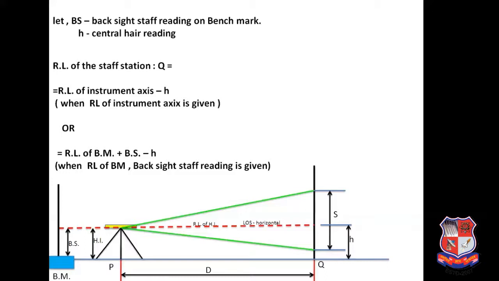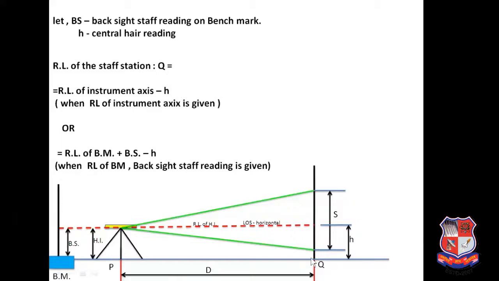So the RL of Q is given by the RL of the instrument axis, means this red dotted line. When the RL of this is given, the equation will become: RL of Q is equal to RL of instrument axis minus small h.